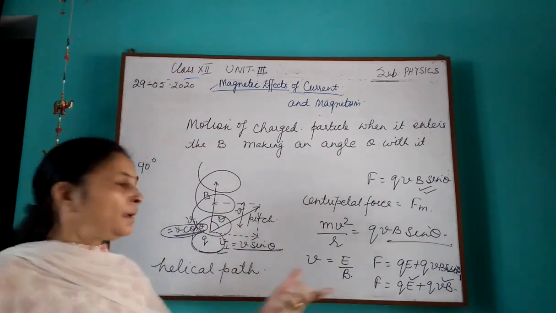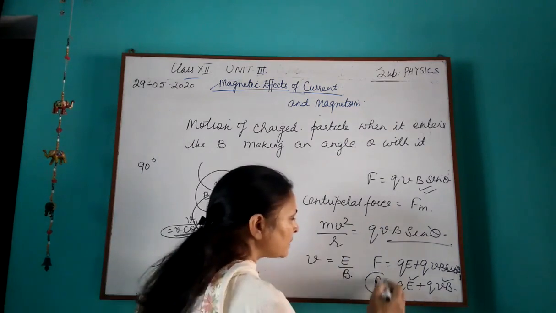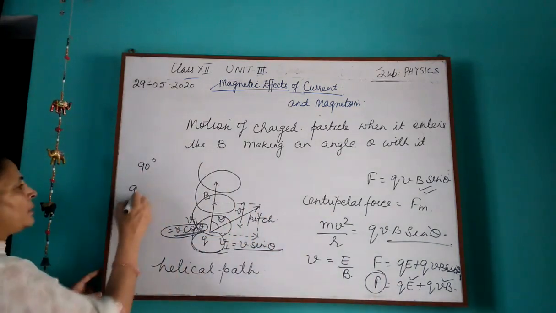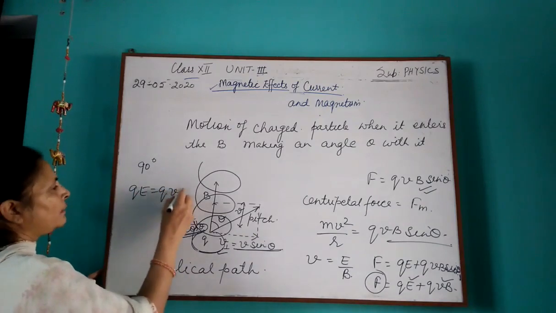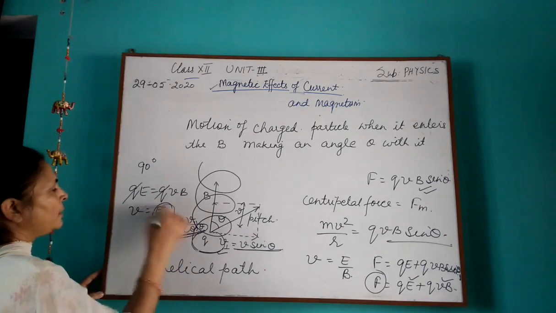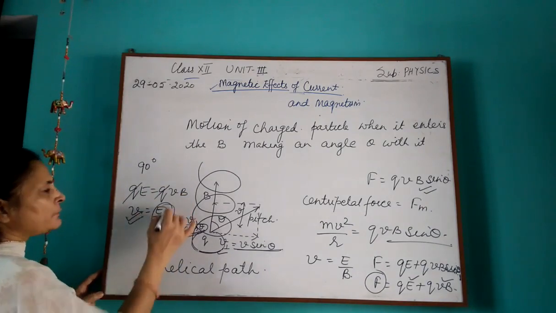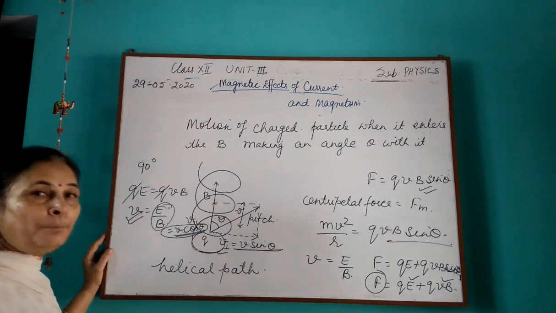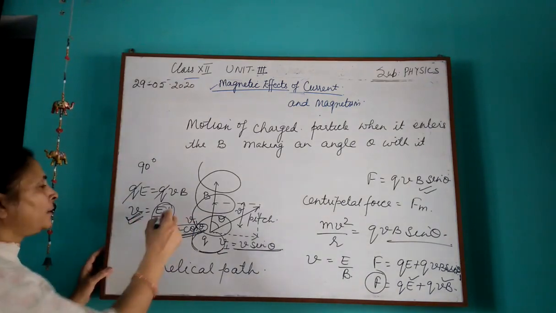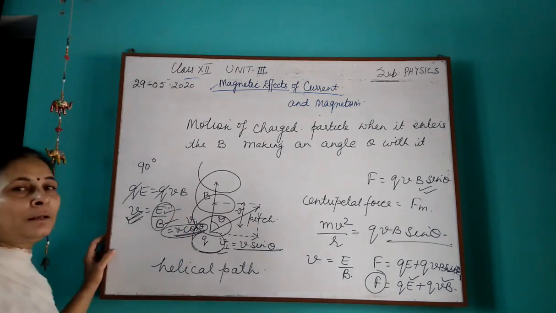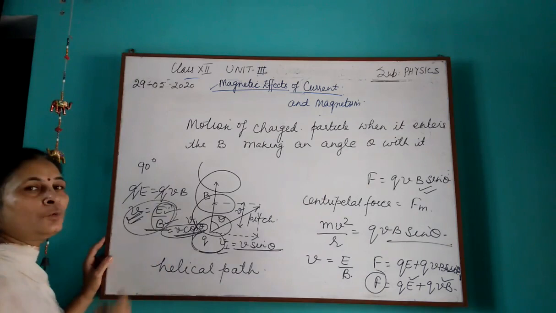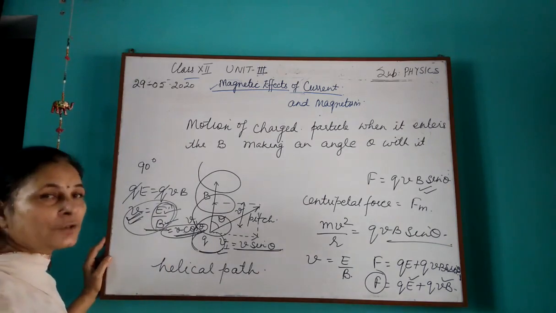What does it mean? The net force is 0. Net force 0 means QE equals QVB, so V equals E upon B. The particles having this velocity, E by B, will be selected and will go undeflected in the electric as well as magnetic field. So this effect can be used for velocity selection.